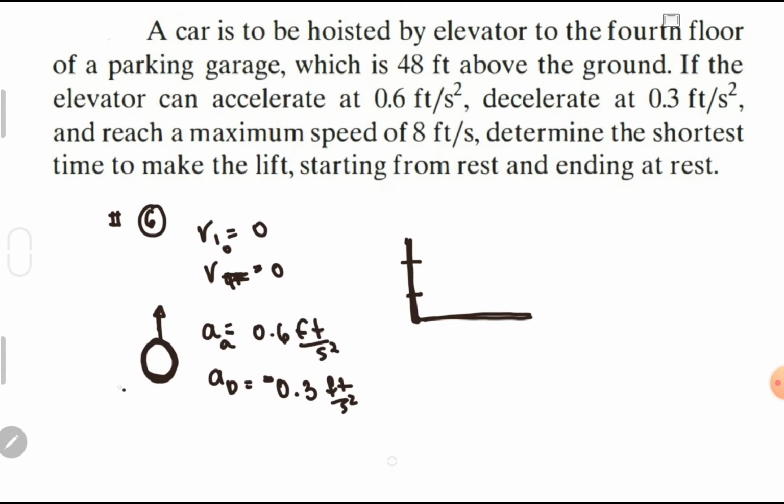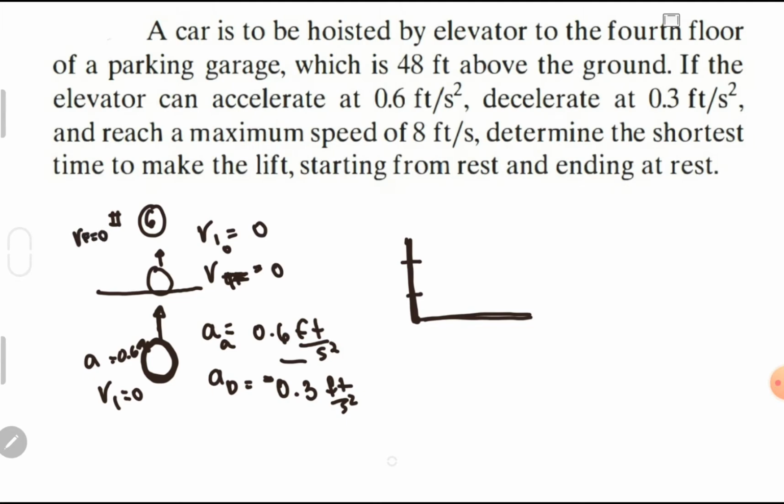Basically, it starts at rest, and then it will accelerate at 0.6 feet per second squared. But at a certain time, it will decelerate. It is still going upward, but decelerating until our VF is equal to 0.